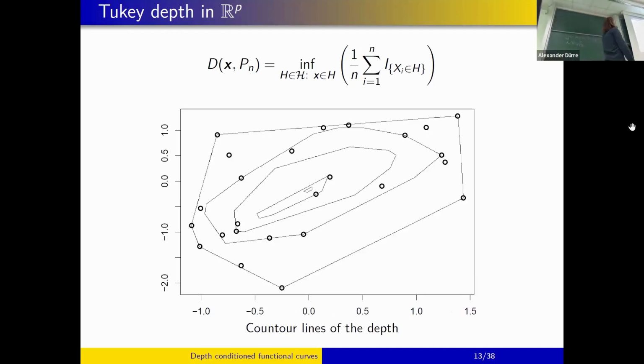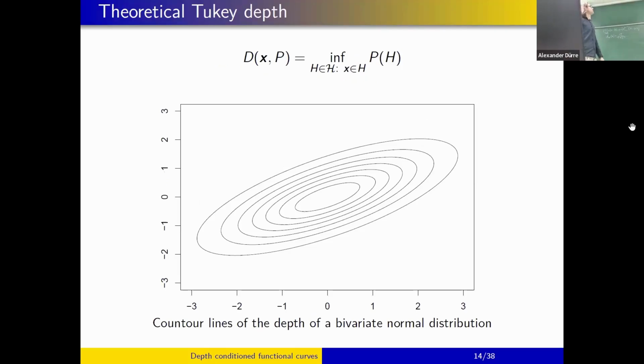And then you can calculate depth contours, or you can map the whole empirical Tukey depth over your space. So here is the depth contour where the Tukey depth is 0, and here it's 1 over n, 2 and 3 over n. So then you get a whole map of contour lines. And of course, there's always a theoretical version of it.